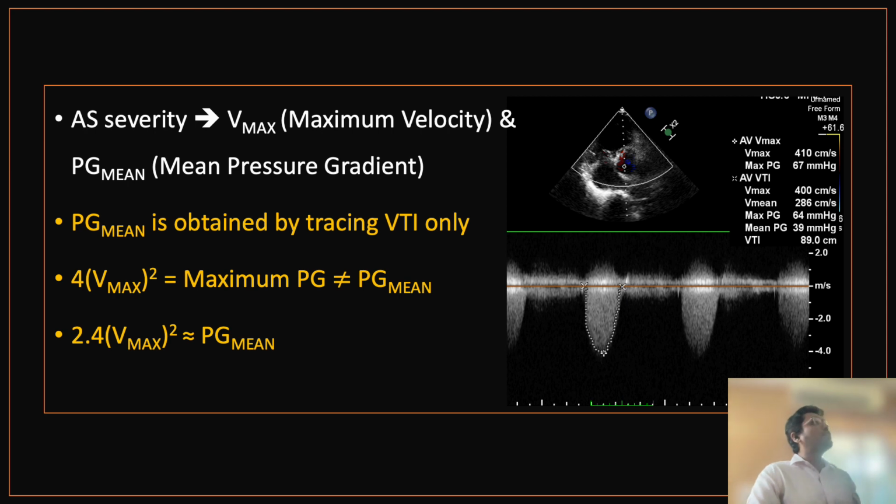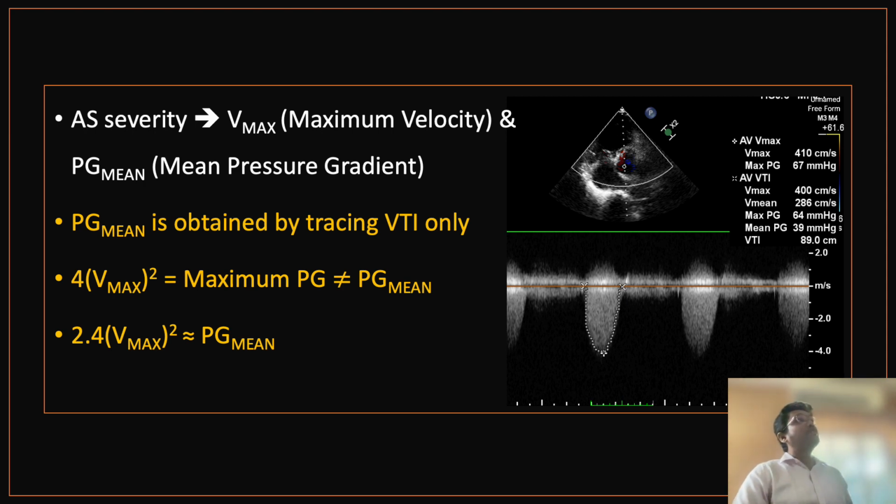So 4 Vmax square is equal to the maximum pressure gradient, which is not equal to the mean pressure gradient. But even if we get a maximum pressure gradient, there is another modified formula, 2.4 into Vmax square, which will approximately give you the mean pressure gradient.